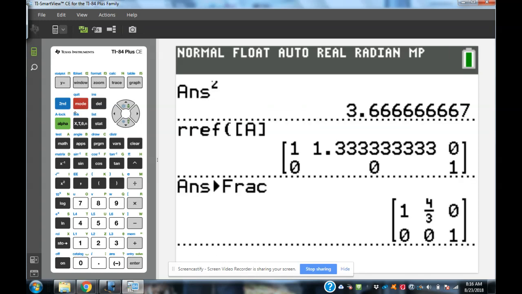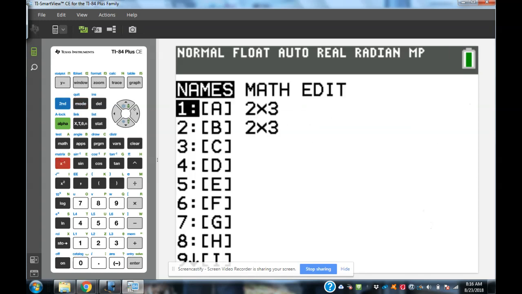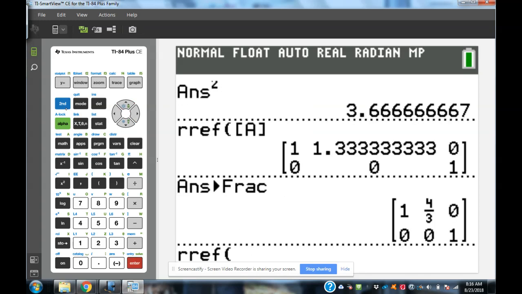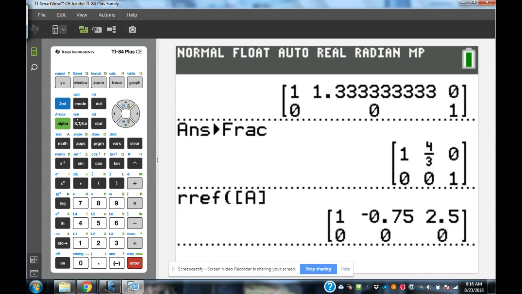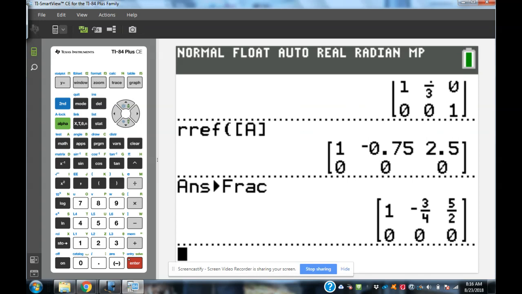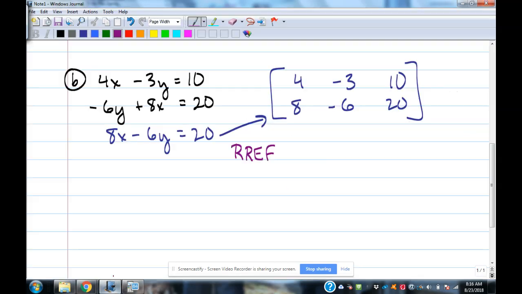Okay, and then RREF to that. All right. We'll swap it over to, again, the fractions. 1, negative 3/4, 5/2, 0, 0, 0.